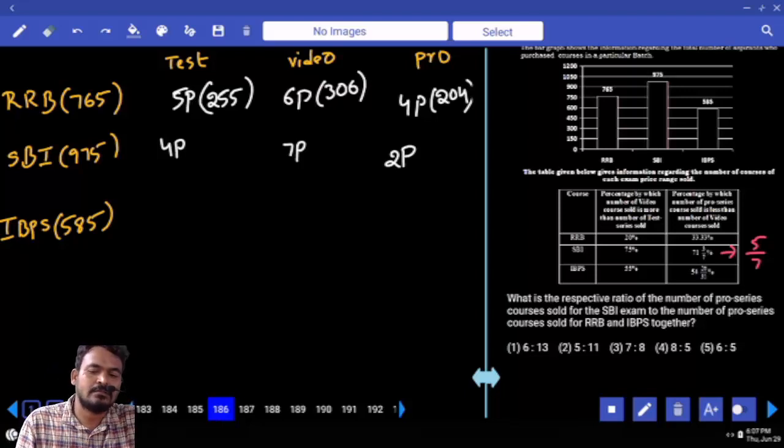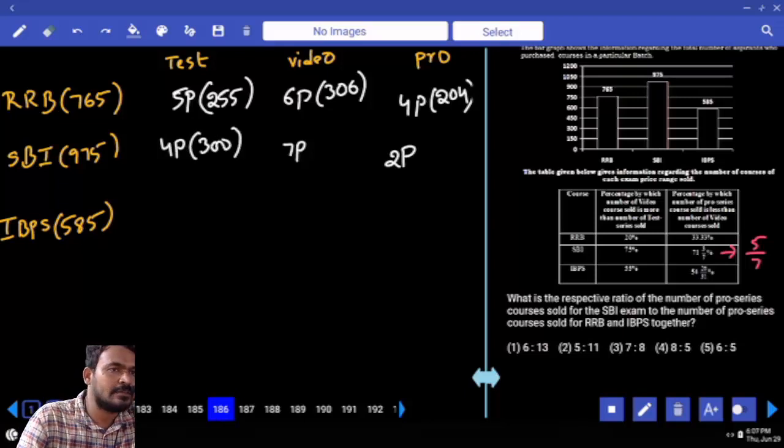Total how many parts? 13 parts. What is the 13 parts value? 975. Every 1 part 75. 4 parts are 300. 7 parts 525. What are the 2 parts? 150.